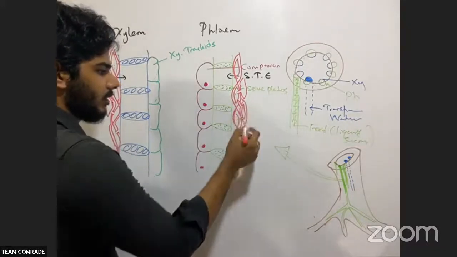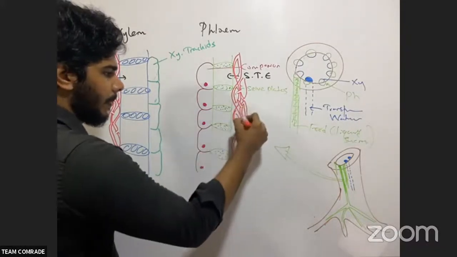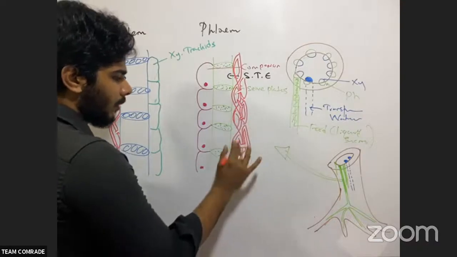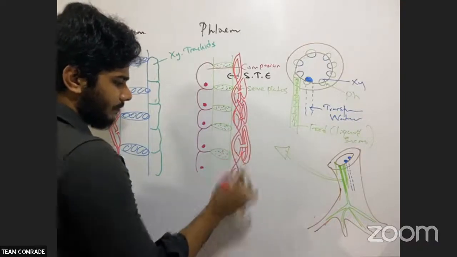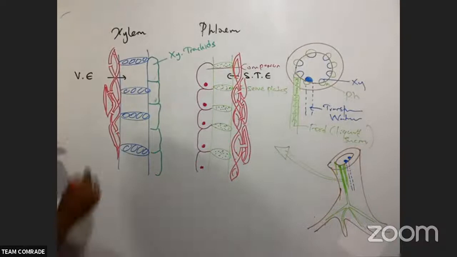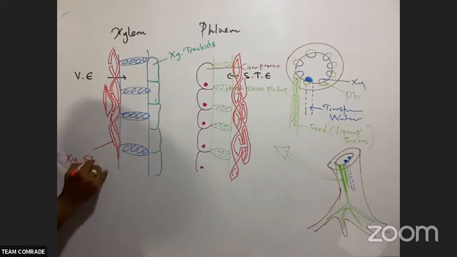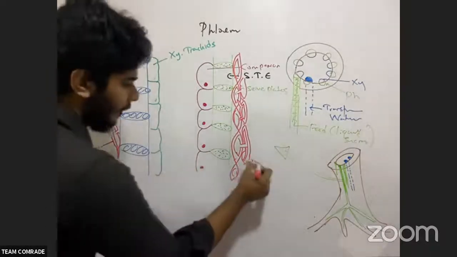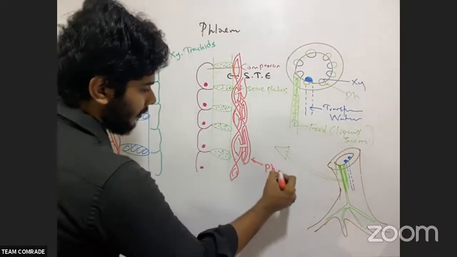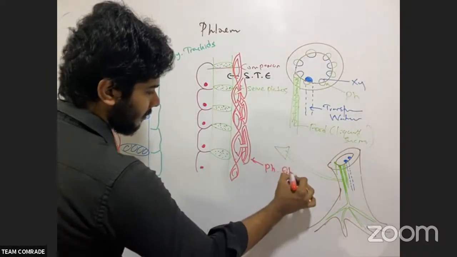If this is in xylem, we call them xylem fibers. If this is in phloem, we call them phloem fibers.